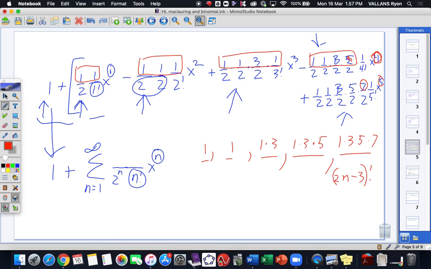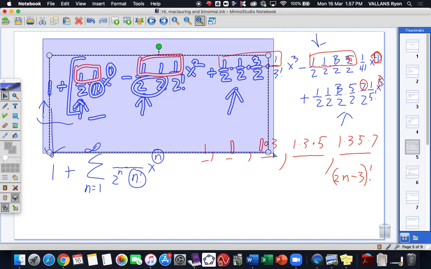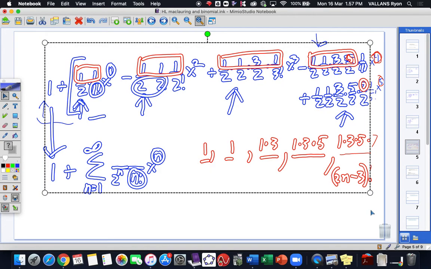Now realize what I'm saying here as I copy all this over so I can have more room. Or actually I can just go to the next one.